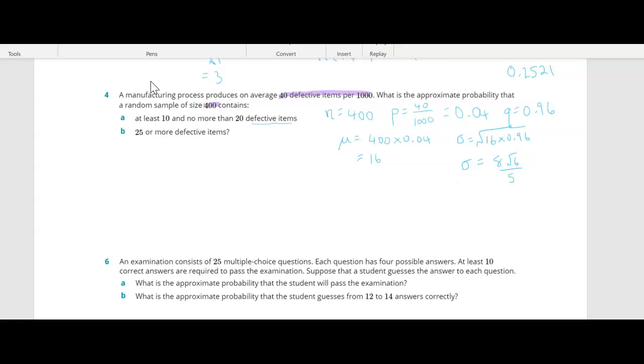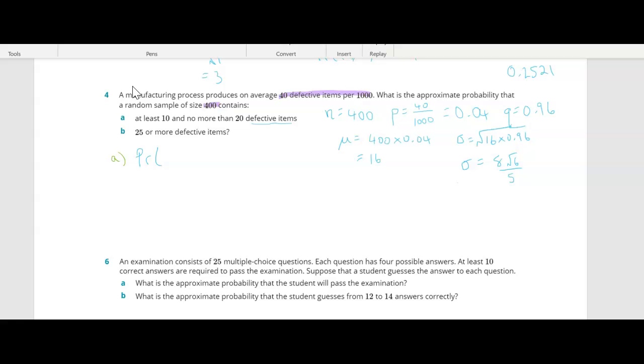All right, so for question A, at least 10 and no more than 20. We're going to use a normal distribution to approximate, but you could also use the binomial distribution to be more accurate.